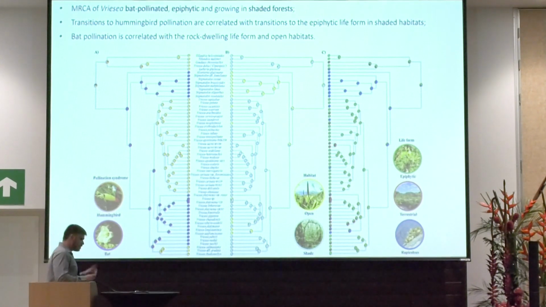Okay, and we also observe that in some cases, the transition from bats to hummingbird pollination is correlated with transitions to epiphytic life form and to shaded habitats. So bat pollination is correlated to rupicolous species, for example, and open habitats.